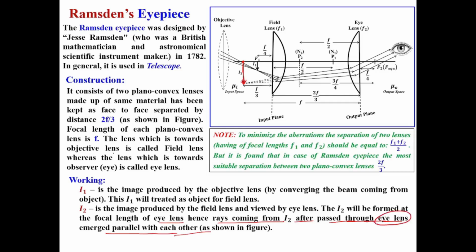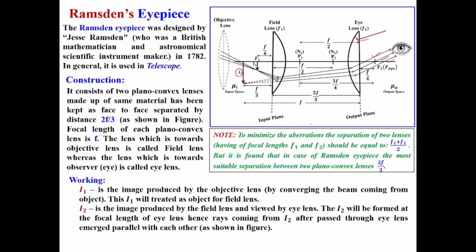So what is the focal length of the eye lens? It is f. From the center of the eye lens towards the left, the distance is f, and after distance f this I2 is produced. That means I2 is produced at the focal length of this eye lens. So whatever rays come from I2, after passing through this eye lens, will be parallel to each other.